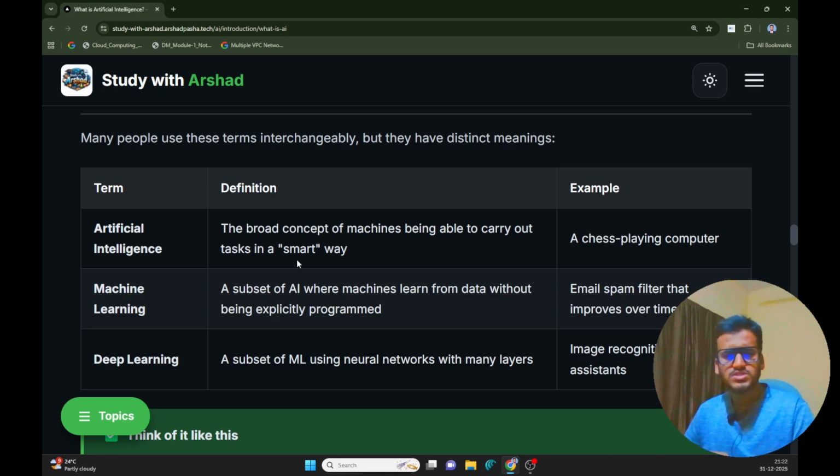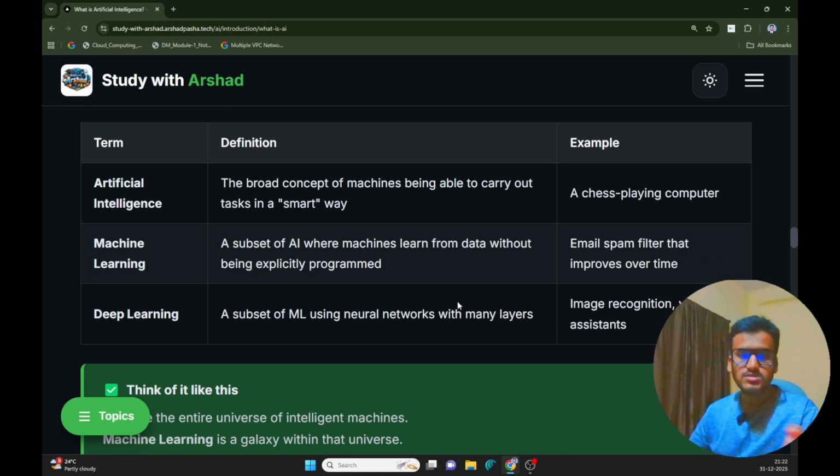Machine learning is a subset of artificial intelligence which learns from data without being explicitly programmed. Everybody knows Gmail: it has a spam folder that filters over time. It identifies unknown HTTPS links, checks for frauds and virus attachments, and filters them. That is machine learning.